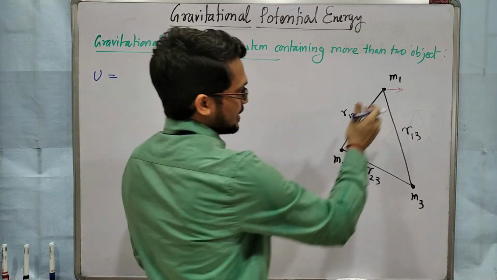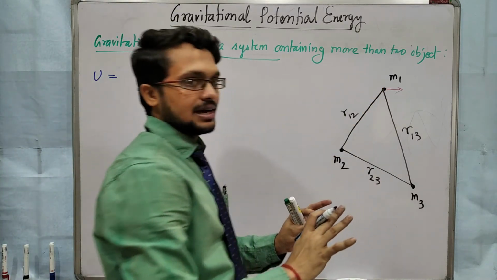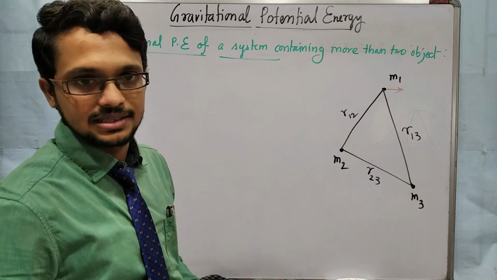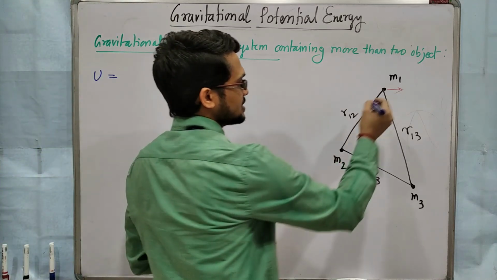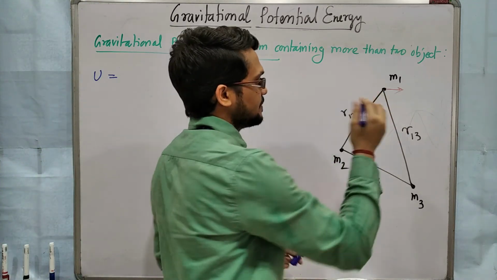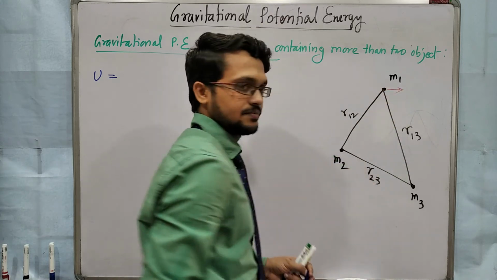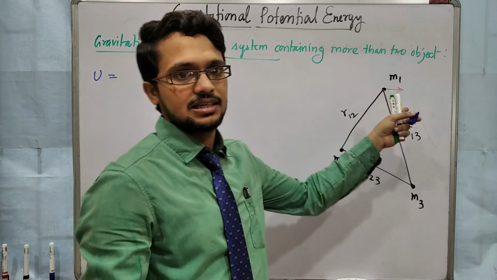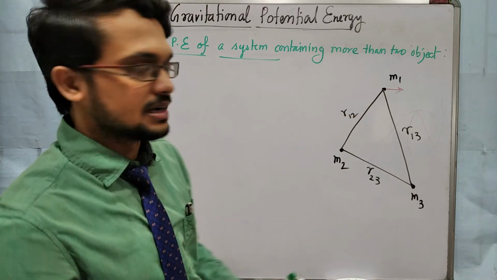Understand, initially three objects are at infinity, so there is no attraction among themselves. First m1 is brought from infinity to this particular position, at some distance from a particular coordinate system.